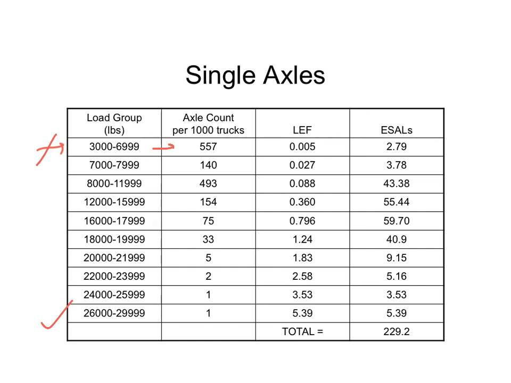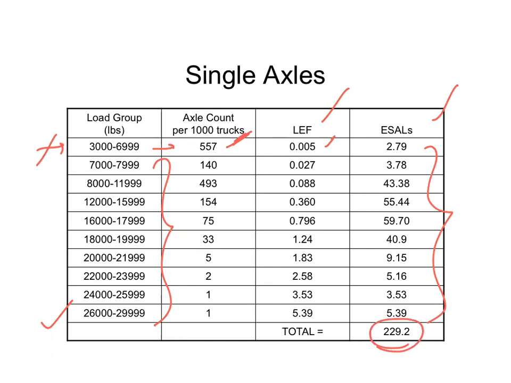For this you can estimate the load equivalency factor because you have the load and the standard load, and you can calculate the equivalent standard axle load by multiplying this factor with the count. Similarly, you can do this for all classes of load, find the equivalent single axle loads, and take the summation of those loads.